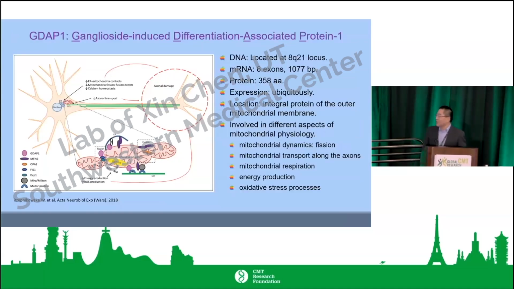GDAP1 stands for ganglioside-induced differentiation associated protein 1. The GDAP1 gene is located on chromosome 8, transcribed into an mRNA with 6 exons, and translated to a protein with 358 amino acids. The expression of this protein is ubiquitous.